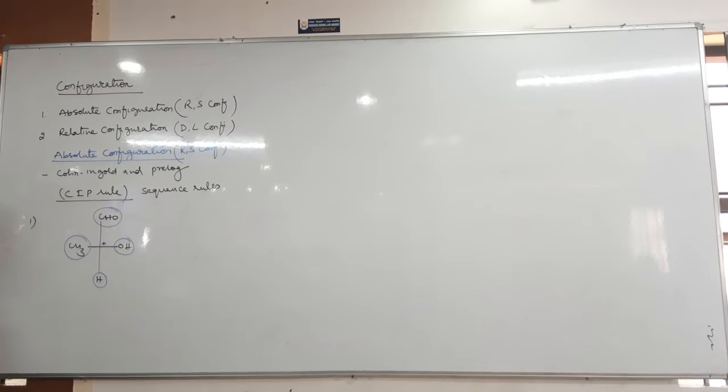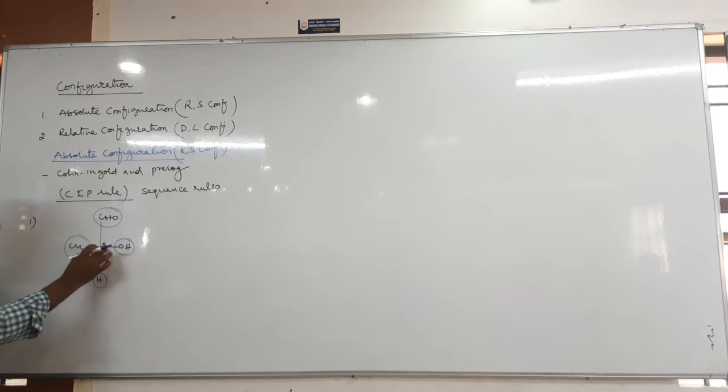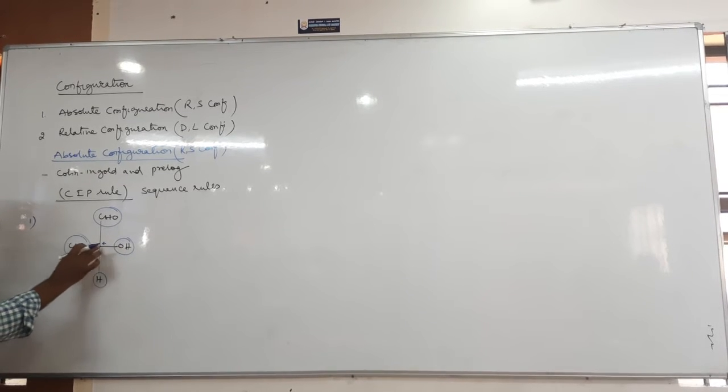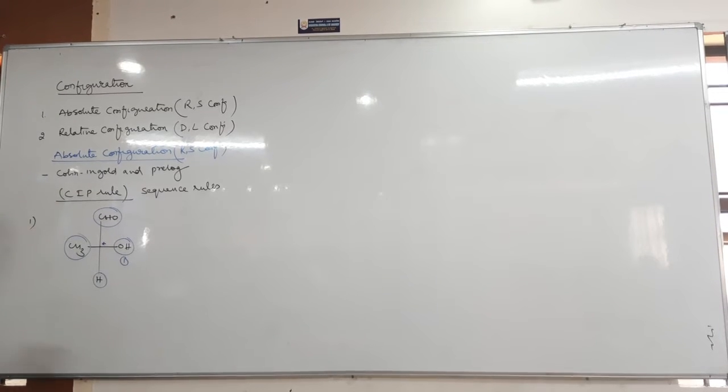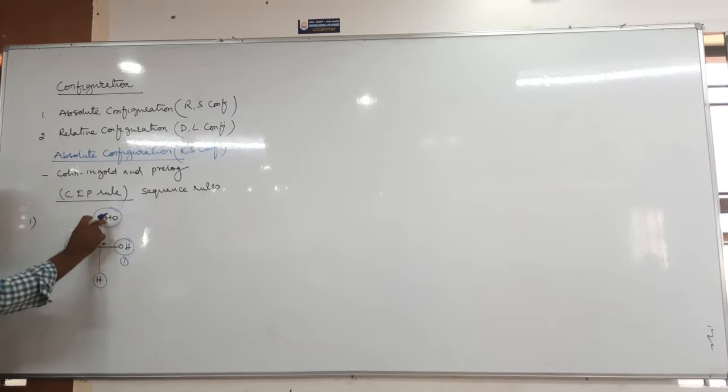It is based on atomic number or atomic mass, as in EZ nomenclature. In EZ nomenclature we gave the first priority to the higher atomic number. Which is more atomic number? The carbon attached to oxygen has the first priority, hydrogen is last, and the second priority goes to carbon.